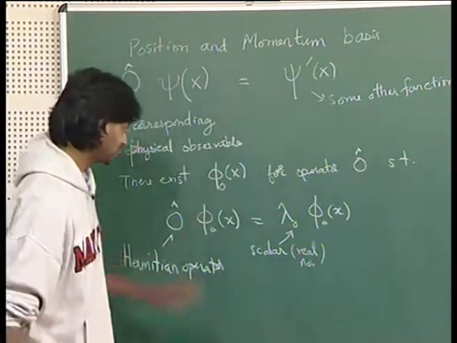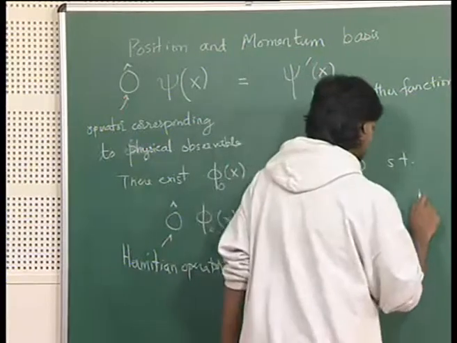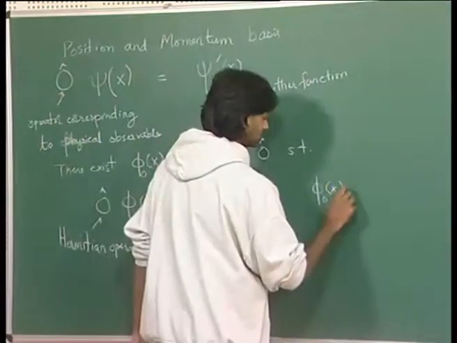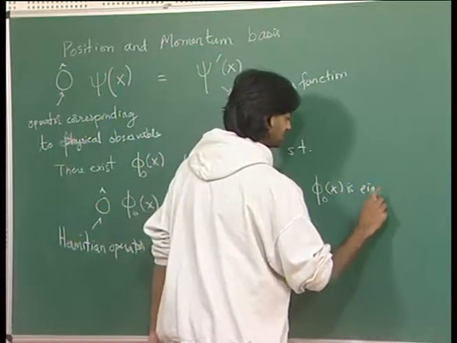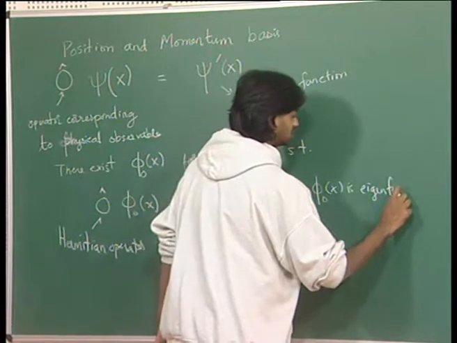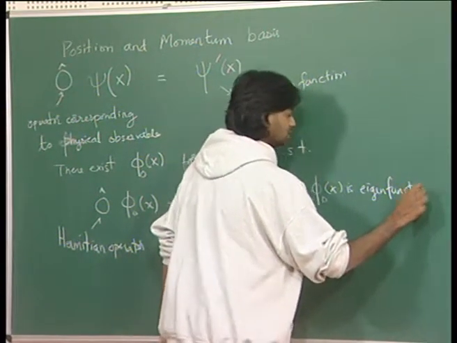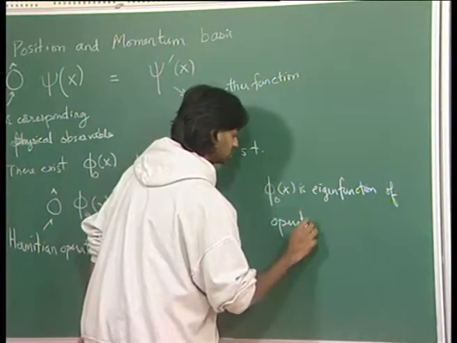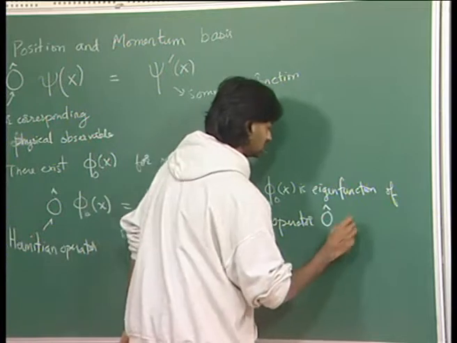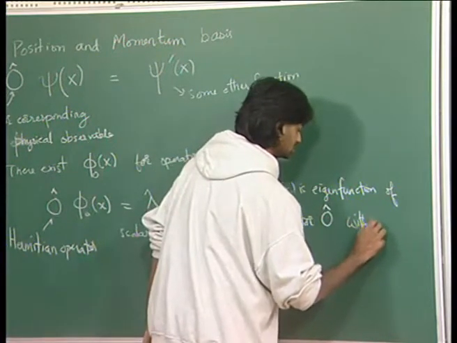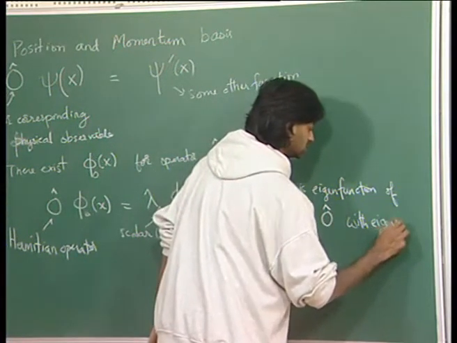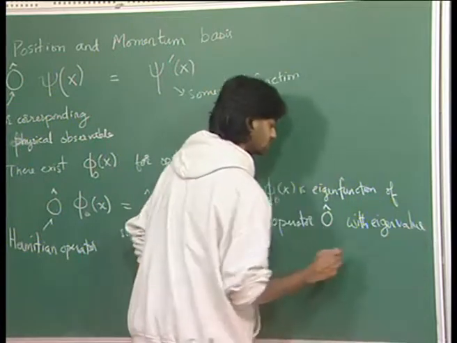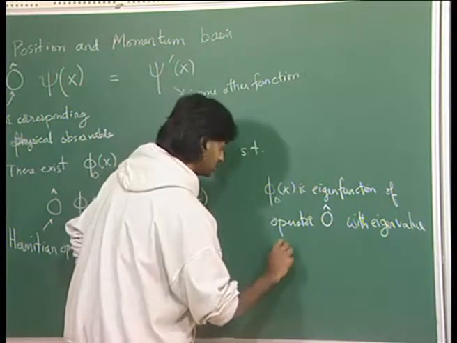Then phi O is called the eigenfunction of operator O with eigenvalue lambda O.